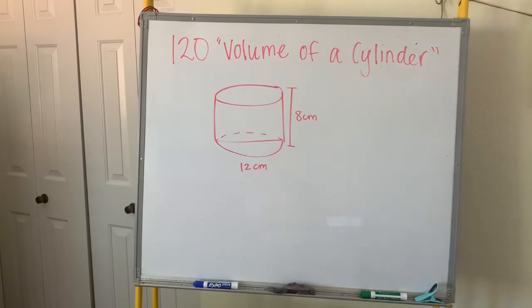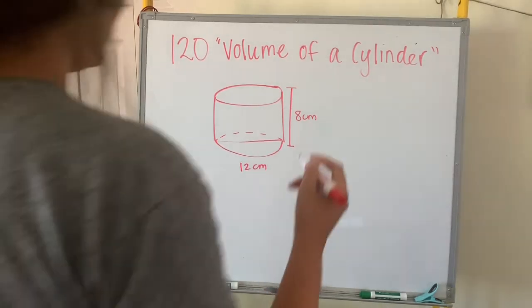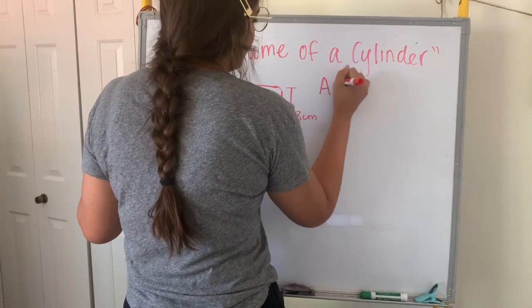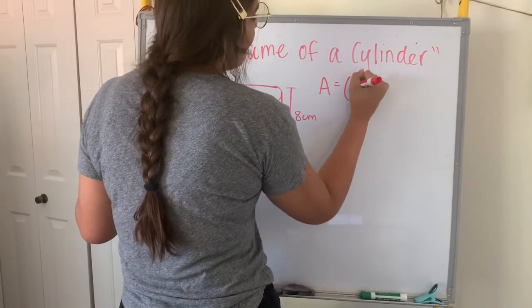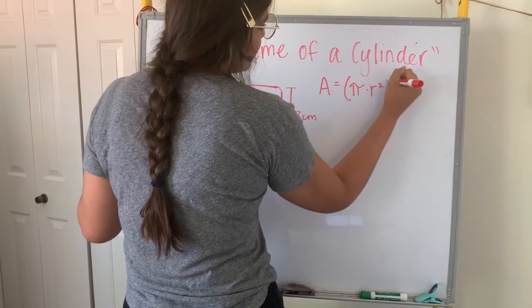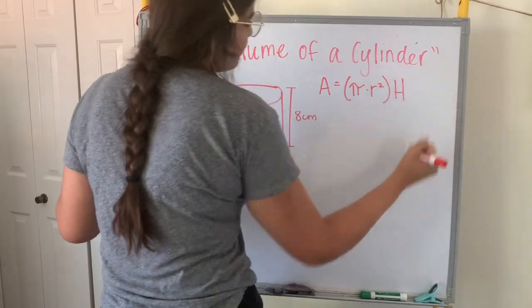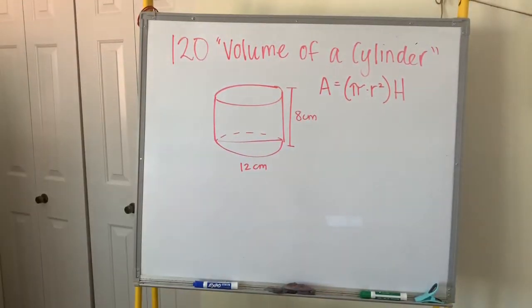Okay, let's do another example. Before we begin, what's the formula? You should have it written down, but if you don't, please write it down this time. The formula is area equals pi times the radius squared times the height.